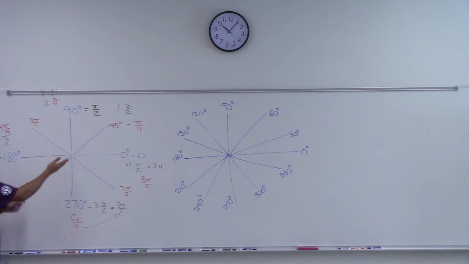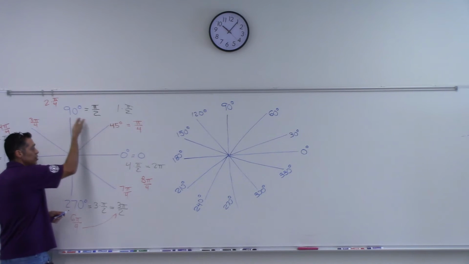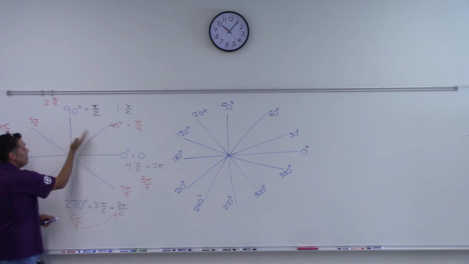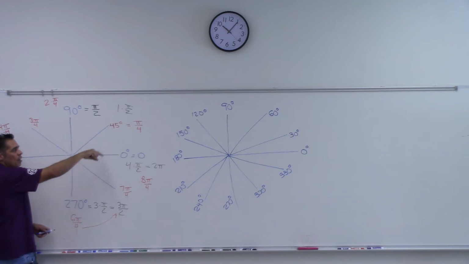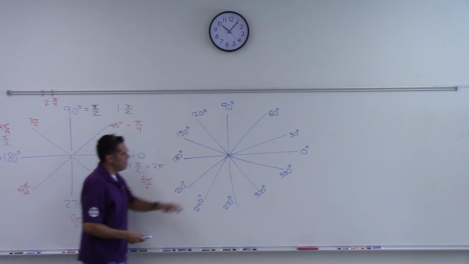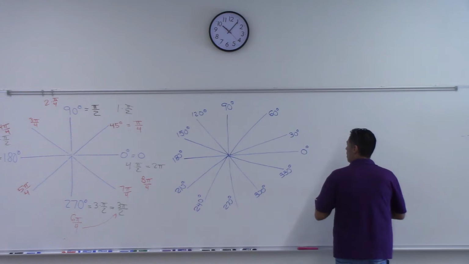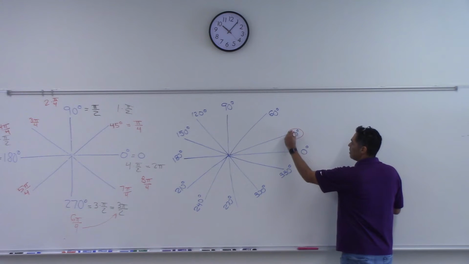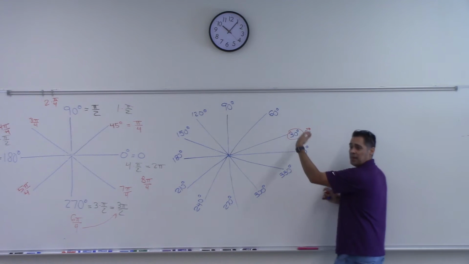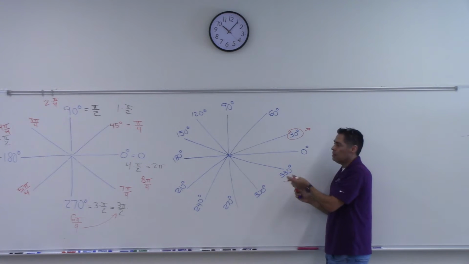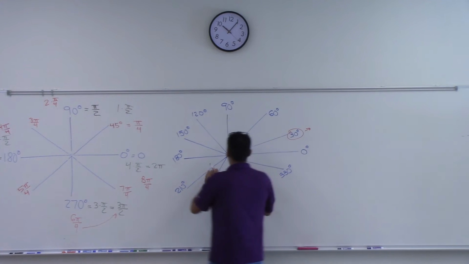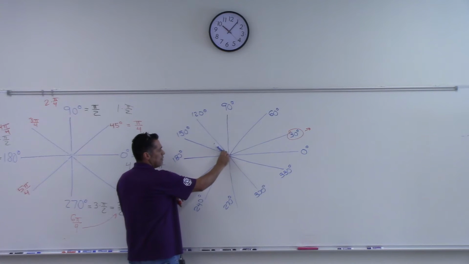Over here, when we did the pi over 4, weren't we able to do the whole thing? Like each one of these, we got them all, didn't we? Over here on this one, if we can start with this one right here, if we can figure out what this is in terms of pi, then we can count our way around. So let's look at pi, this half rotation, right?